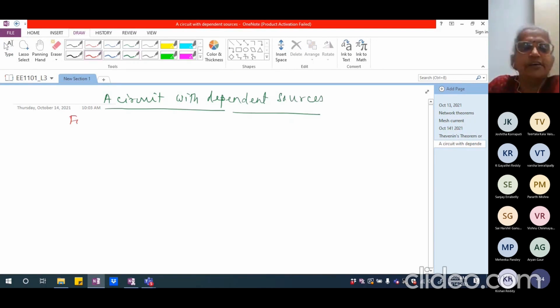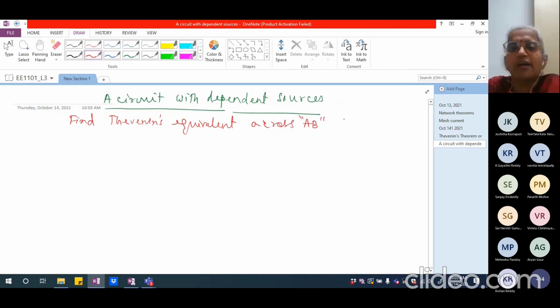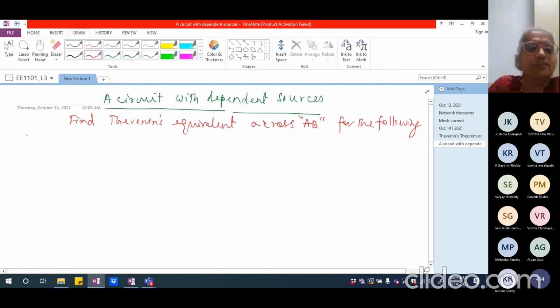So find Thevenin's equivalent across AB for the following circuit.